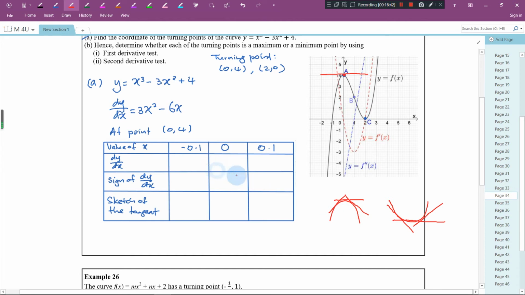We want to look at the changes of the sign of the tangent. So we want to find the value of dy/dx. Actually, here the value of dy/dx is not very important. The most important thing is the sign of dy/dx. So you can use your calculator to help you find this.